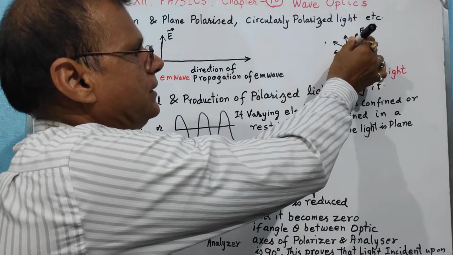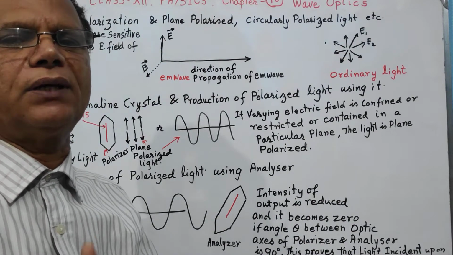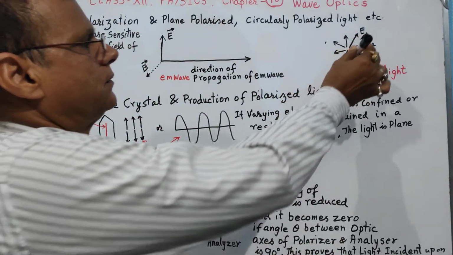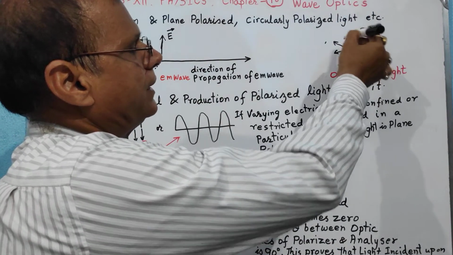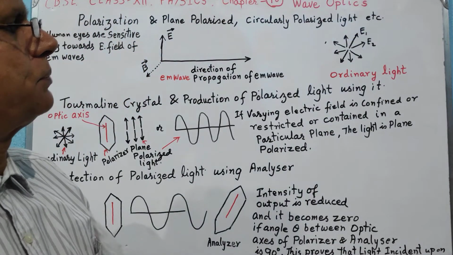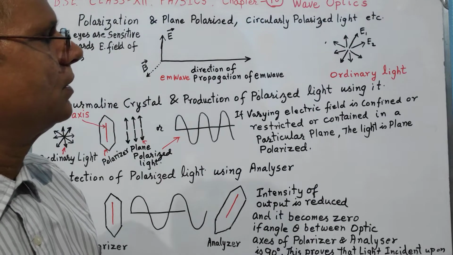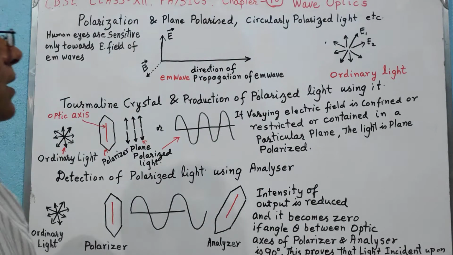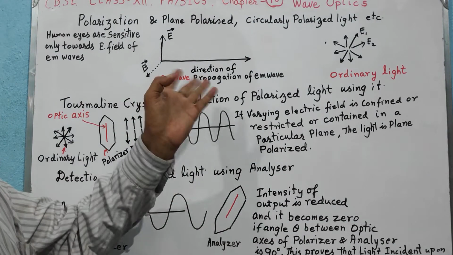And this is the situation for ordinary light, which is also known as unpolarized light. From now onwards we will refer to this figure as the figure expressing the presence of ordinary light. So this is all about ordinary light.